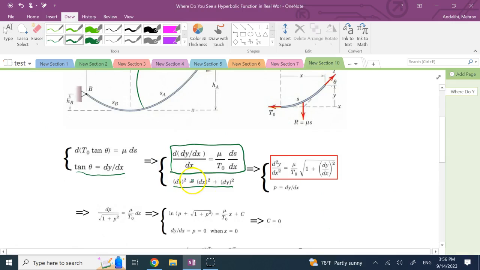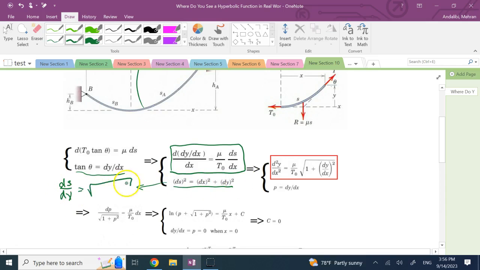From here, I can find ds, right? So basically, first divide both sides by dx, and take a square root. If I do that, you'll get ds over dx to be what?